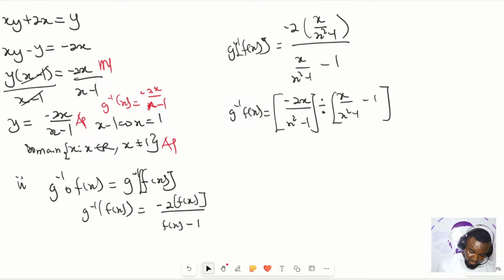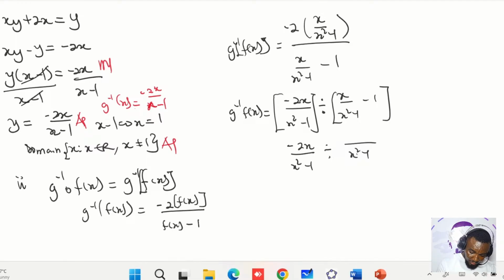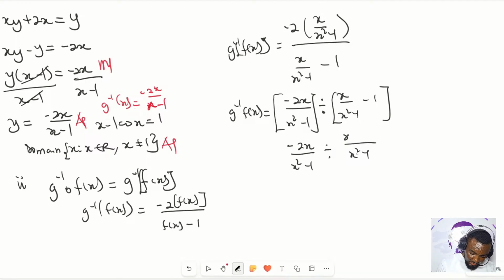To be able to solve this, we must work out the right-hand side of the equation as well. So on this side, we are going to have x squared minus 1 as the LCM. And this will give us x, then minus 1 on this side, we will have x squared minus 1.